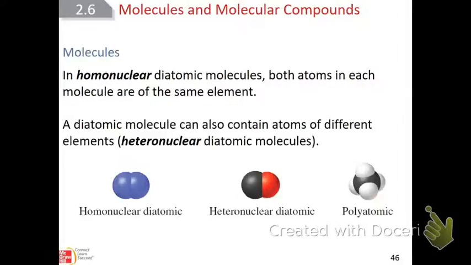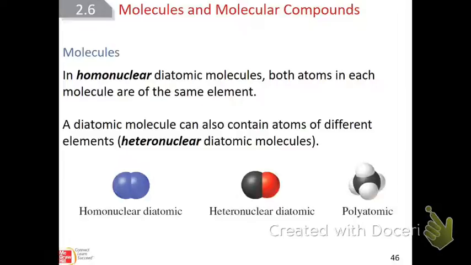They're homonuclear, the same element. And then she also calls others heteronuclear, where you could have CO, like carbon monoxide. That would be a diatomic as well, because it has 2 different atoms. And then we're going to learn about something called polyatomics, but I may do that in a different lecture.